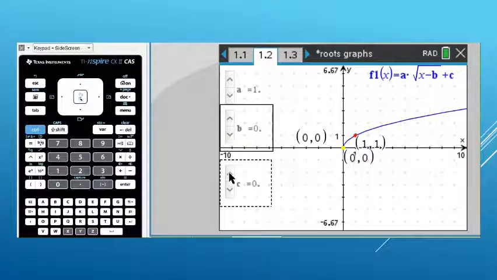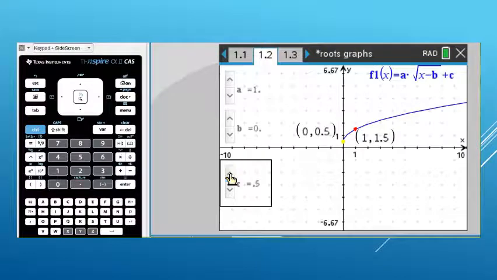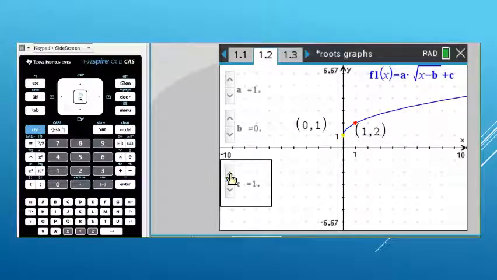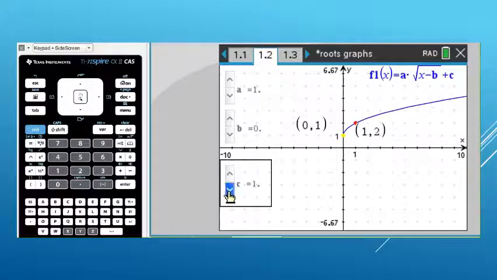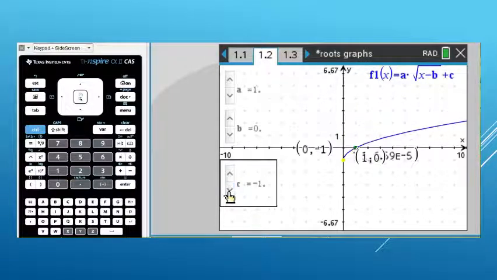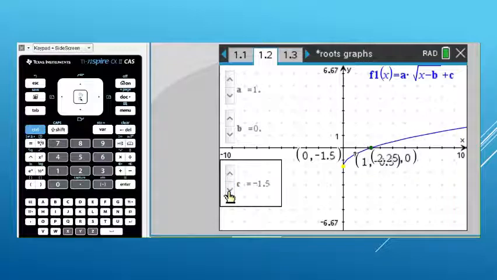If we take a look at what C does, if we make C positive, the translation in the y direction moves the whole graph up 1 unit, so you may not have an x-intercept by moving the graph up. If I move the graph down though, you're going to get both a y-intercept and an x-intercept, depending on what you're doing with B as well.